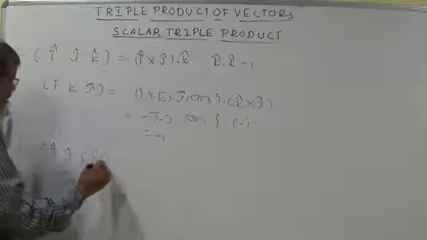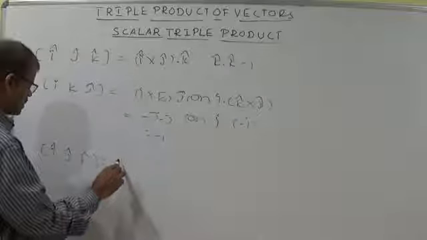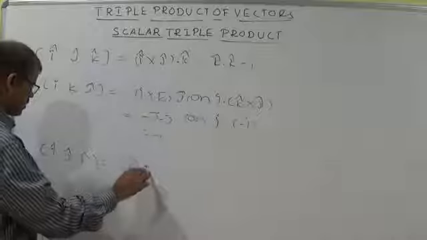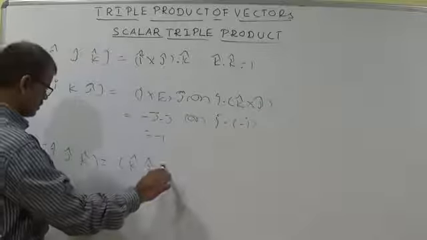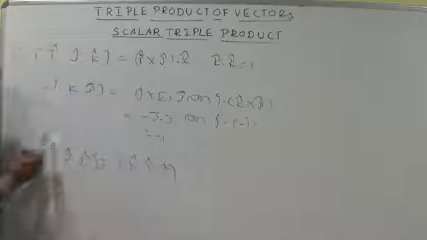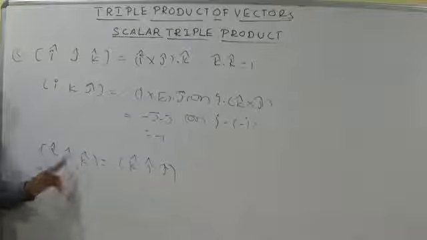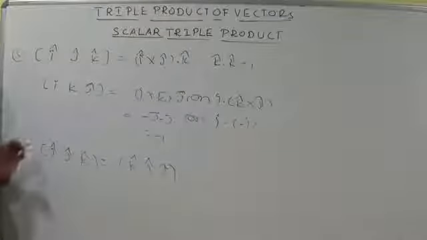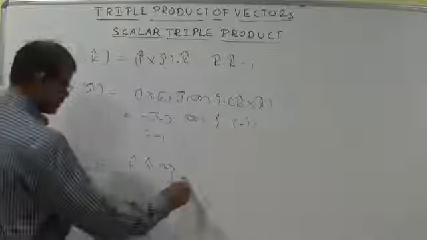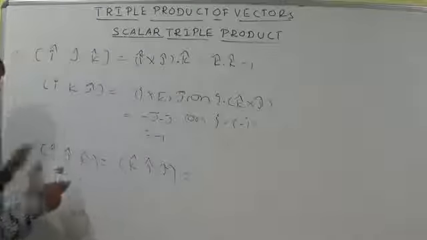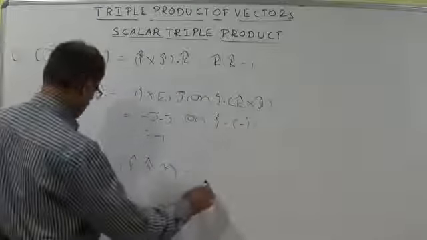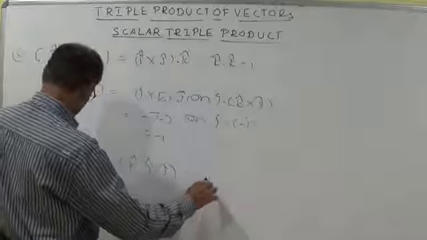So IJK order is equal to, I am writing here, KIJ. IJK, third letter changes, the third letter became the first letter, KIJ. Next one, IJK, KIJ change, next we can change to IKJ here.